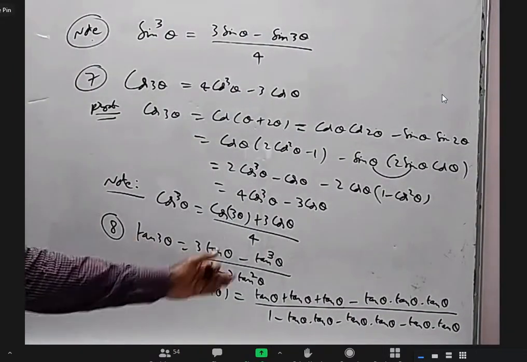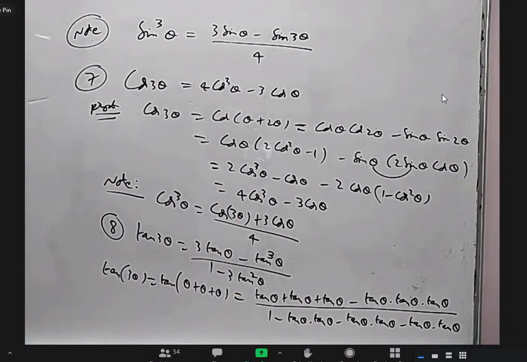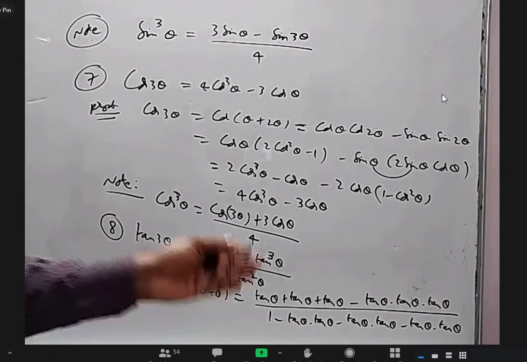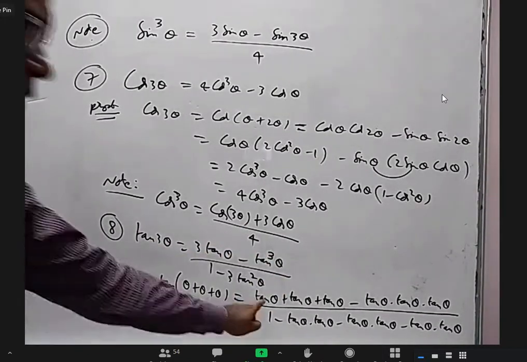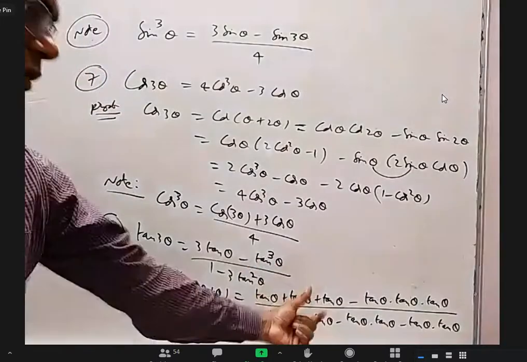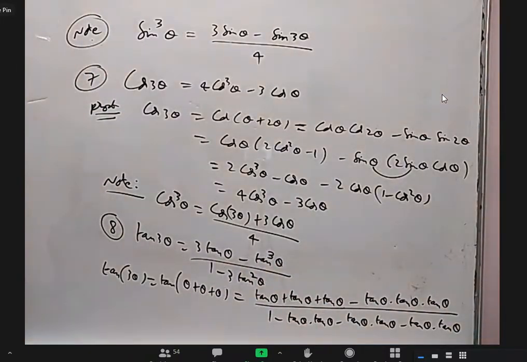Tan a plus b plus c formula: tan a plus tan b plus tan c minus tan a into tan b into tan c by 1 minus tan a tan b minus tan b tan c minus tan c tan a. This is 3 tan theta, that is tan cube theta, and this is tan square, tan square, tan square, 3 times, so we get 3 tan square theta.